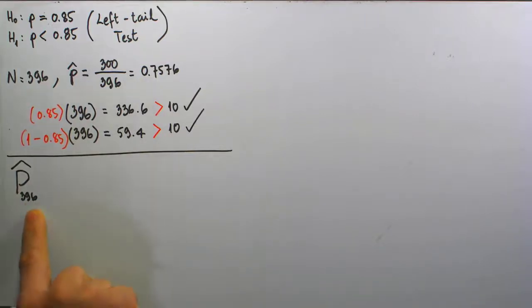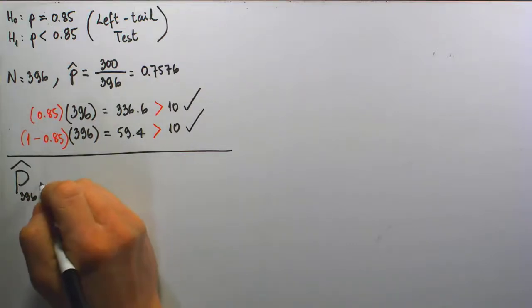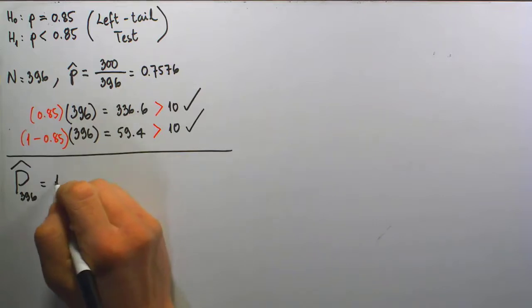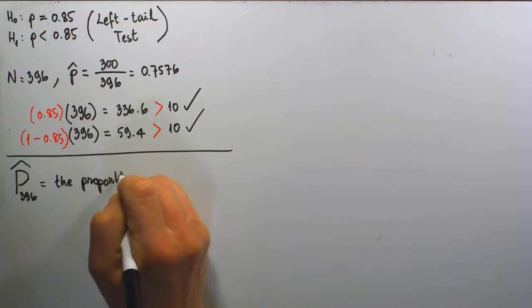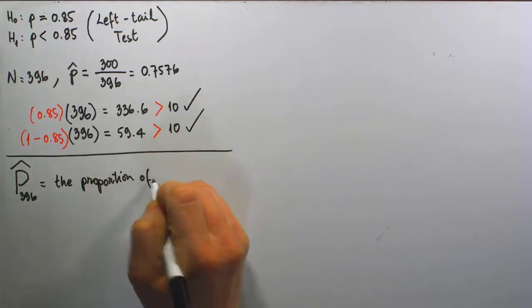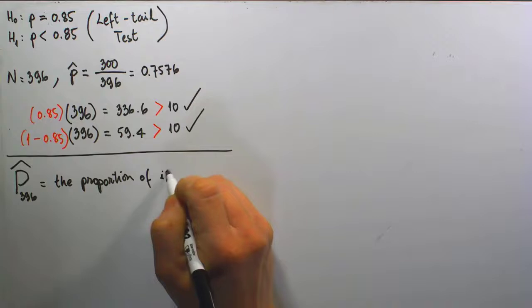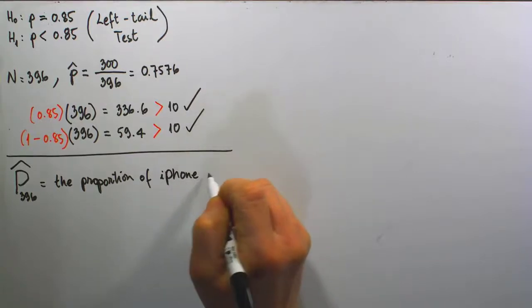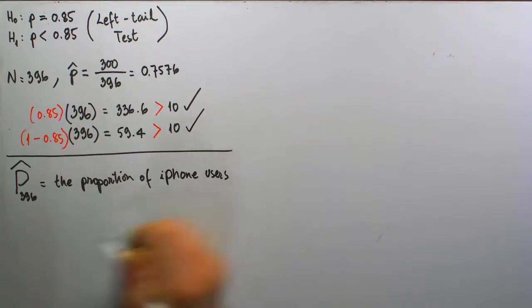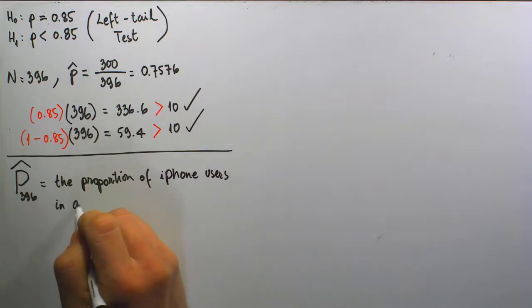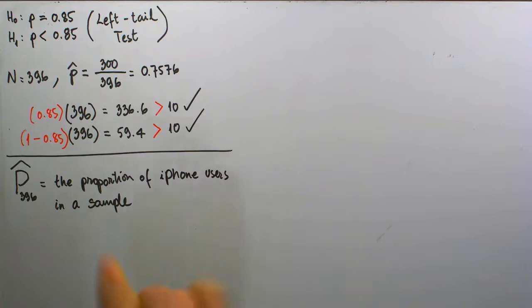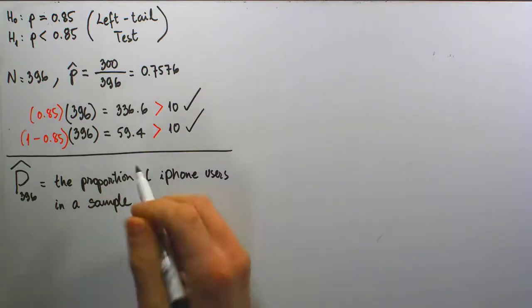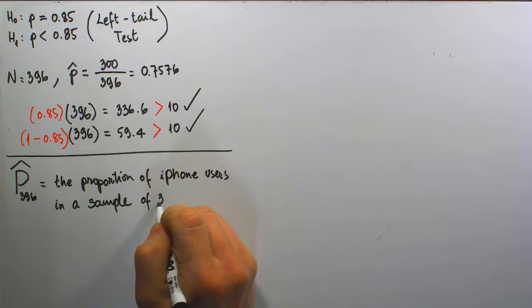So this random variable capital P hat 396 here generally represents the proportion of iPhone users in a sample, in any sample. So our sample is one among them. So the proportion of iPhone users in a sample of 396.